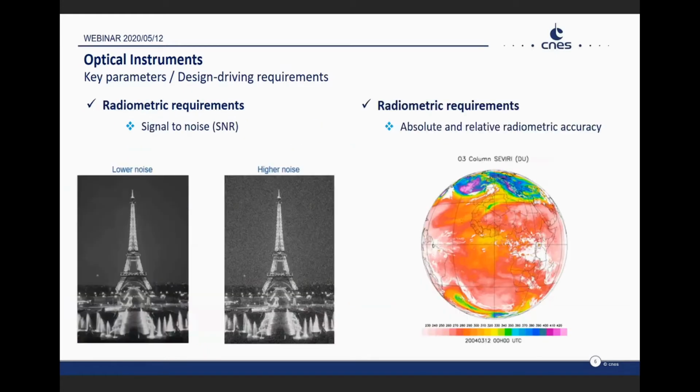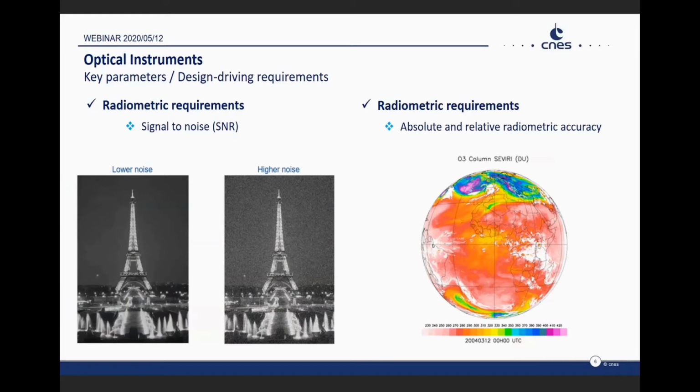Next slide. Two other important quantities. SNR, signal-to-noise ratio, describes the measurement dynamic with the ratio of the useful signal and the noise due to the instrument measurement channel. We can see the noise introducing small grain on the image.